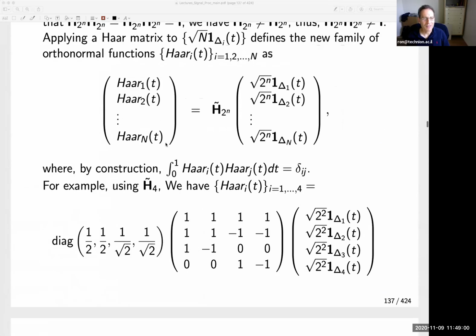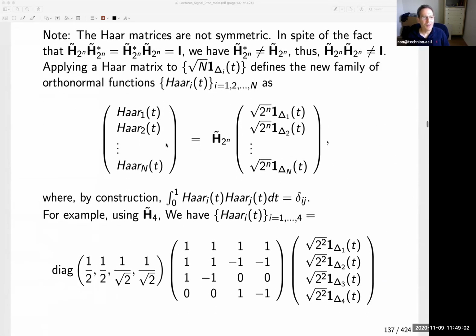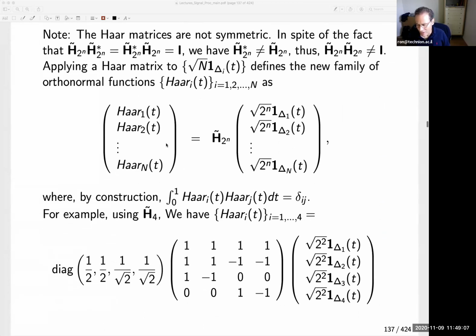So let's use it. If you use the Haar matrix, is it actually unitary? Since the Haar matrix is not symmetric, I don't have that the conjugate is equal to the matrix itself, and therefore I cannot write that equation.